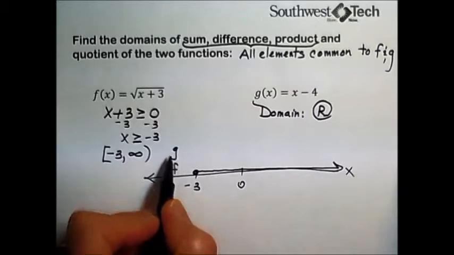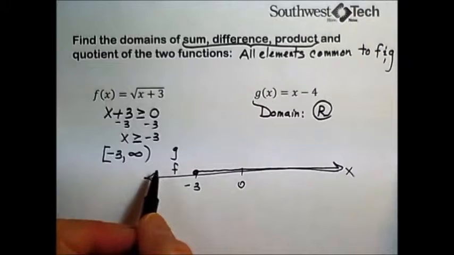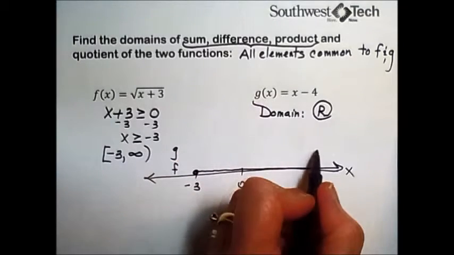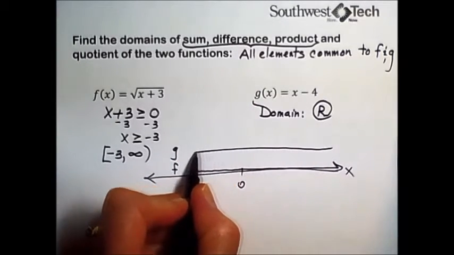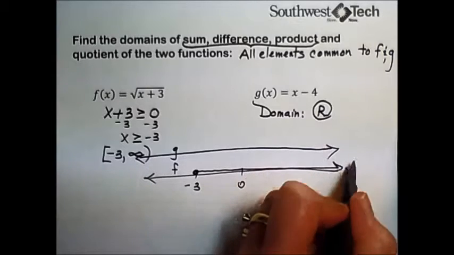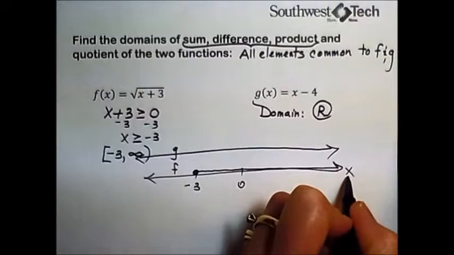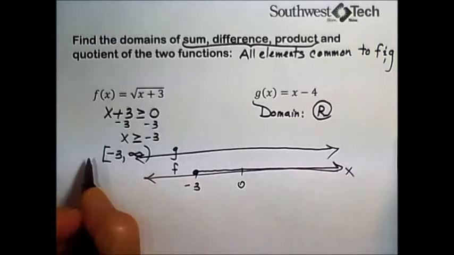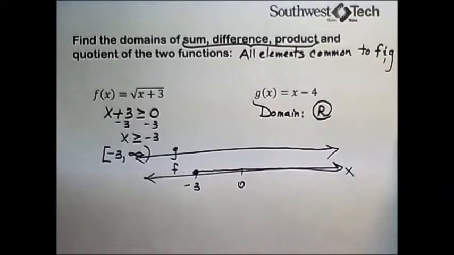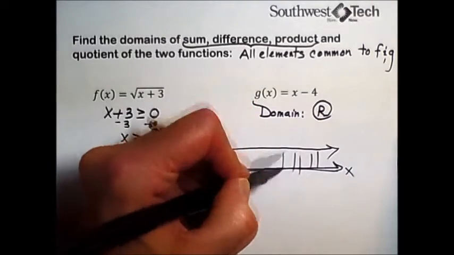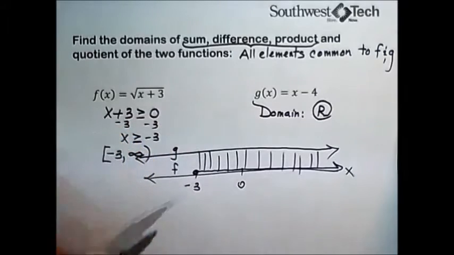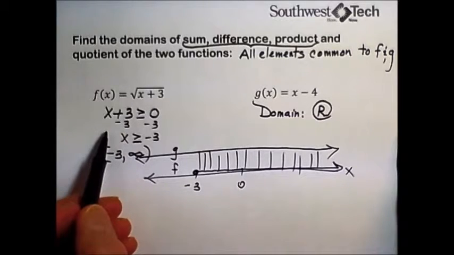The domain of the function defined as g of x is all real numbers, so it's headed to positive infinity just like the f function is, but also negative infinity, and we're looking for common, or the intersection. So it is this narrower domain that's defined for f of x.